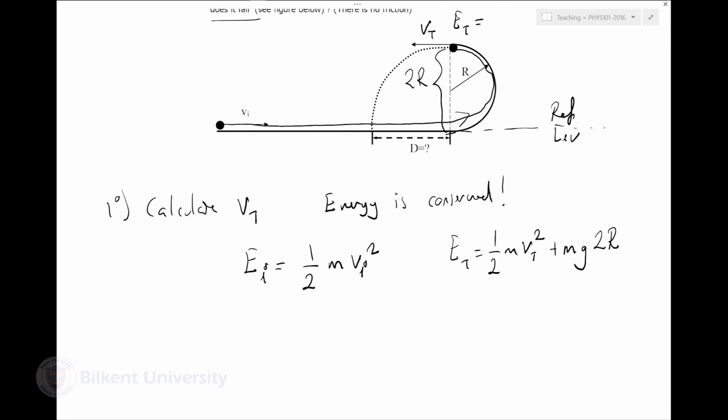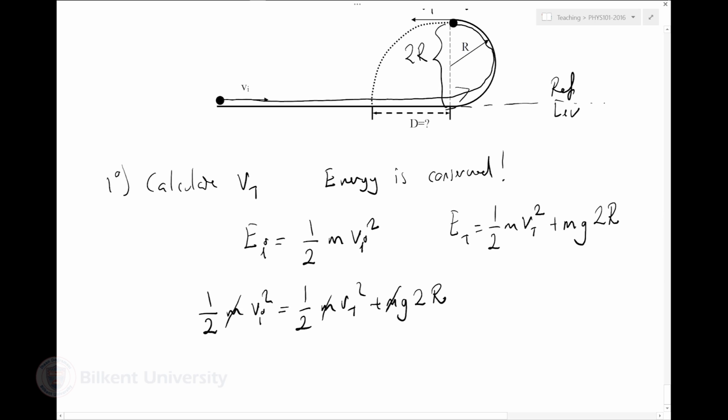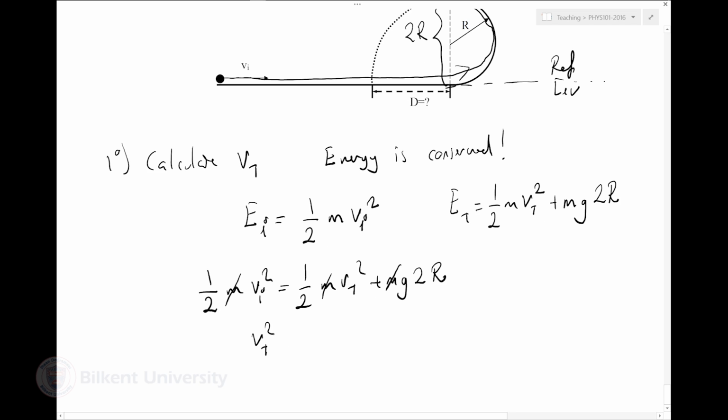So let's equate these two. 1/2 m vi square is 1/2 m vt square plus mg 2r. M's cancel. So Vt square is vi square minus 4gr.